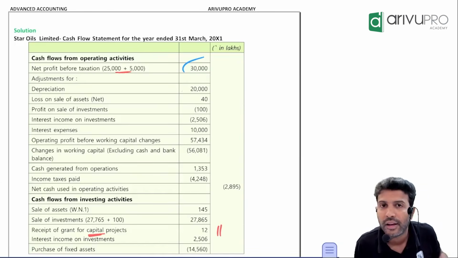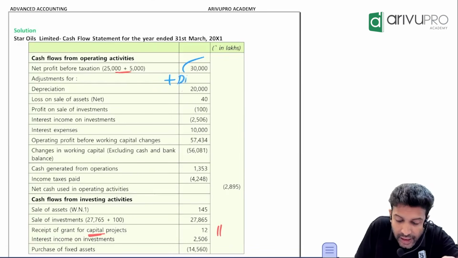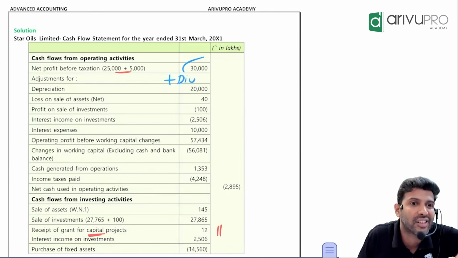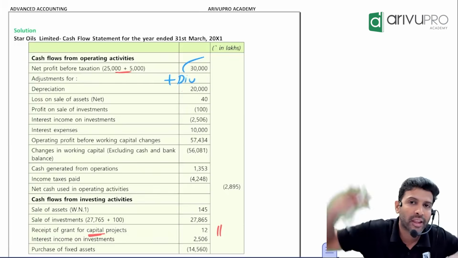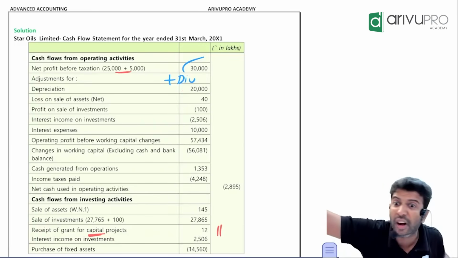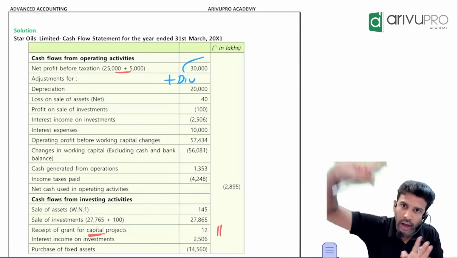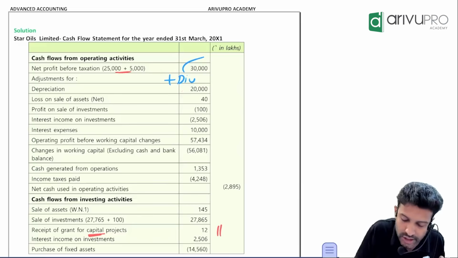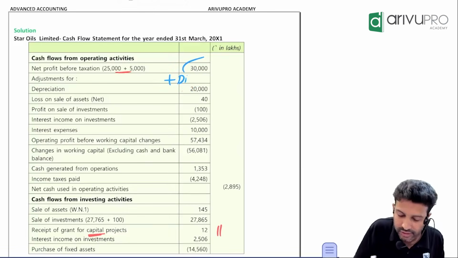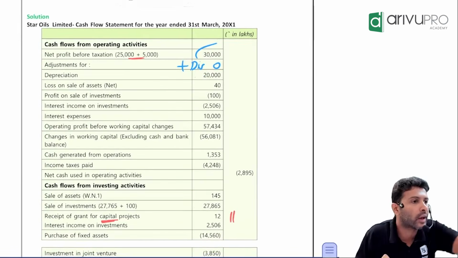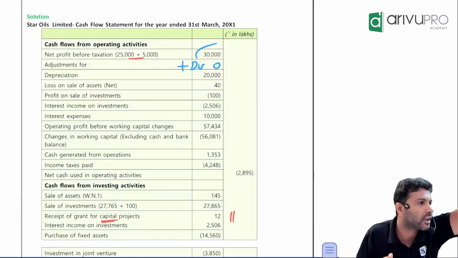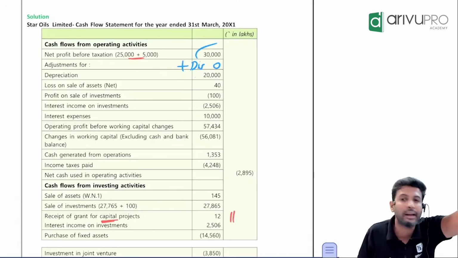Why? Sir, the dividend that we add back should be of the current year. But in the question, have they given you the current year dividend or last year dividend? Last year's dividend belongs to last year's cash flow statement. Since the current year dividend is 0, we don't have to add anything. That's another way I ask this question, which many students find a little confusing.